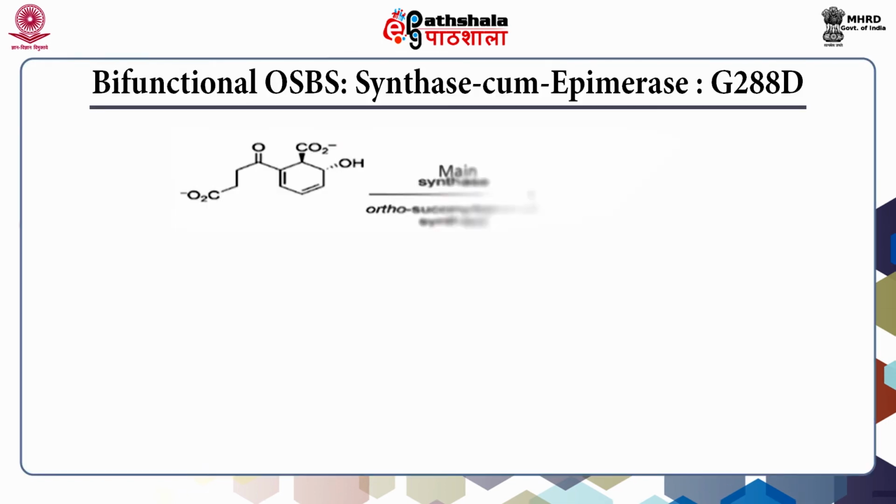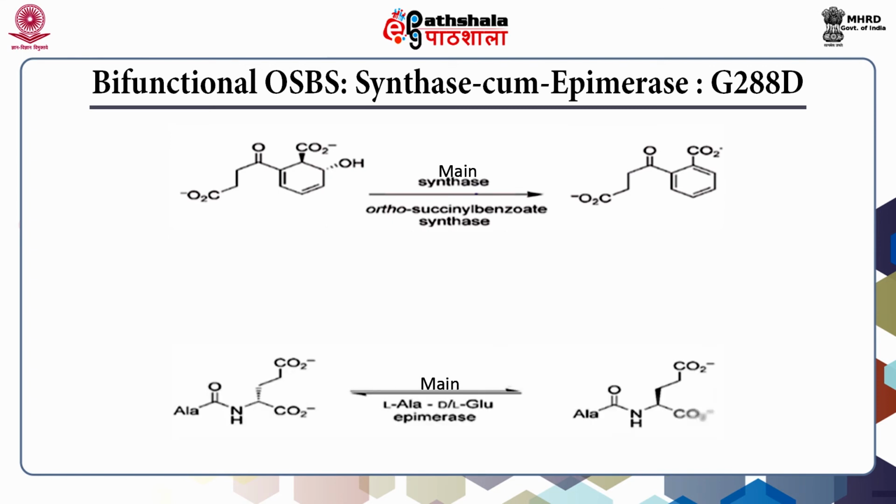Therefore, conversion of epimerase into main synthase could be achieved with a single mutation from aspartate to glycine at position 288, as glycine at this position 288 will not block the orientation of the substrate for synthase activity. But the catalytic efficiency will definitely be much lower, as several other mutations from synthase to epimerase have also occurred.